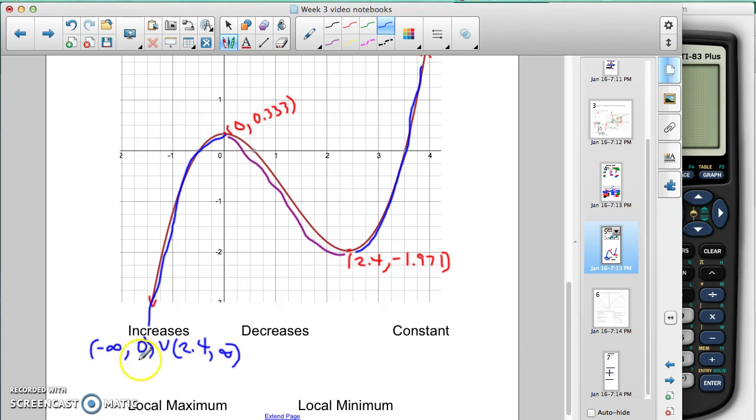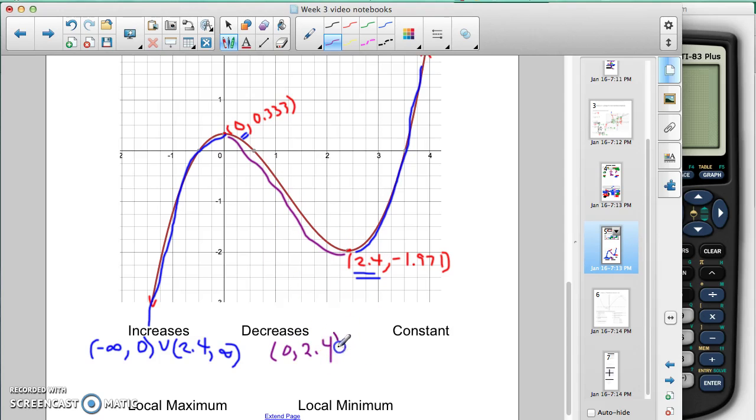From negative infinity to 0, those are the x values where it increases, and not the y values. So x values are always our interval values. Now it's decreasing from here to here, so the decreasing values would be from 0 on the x value to the x value of 2.4.